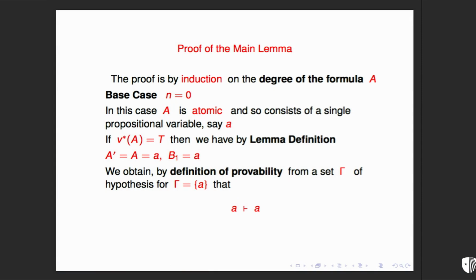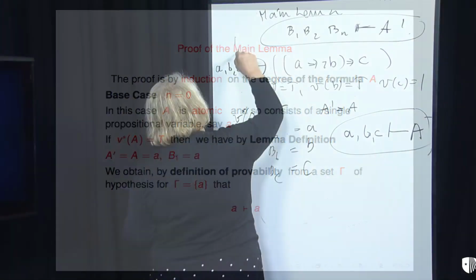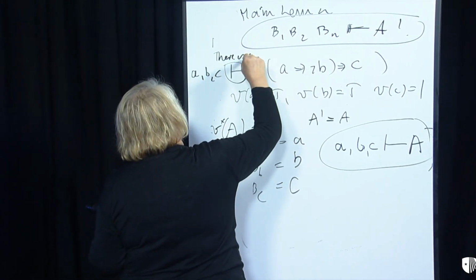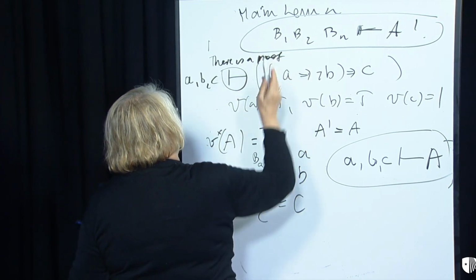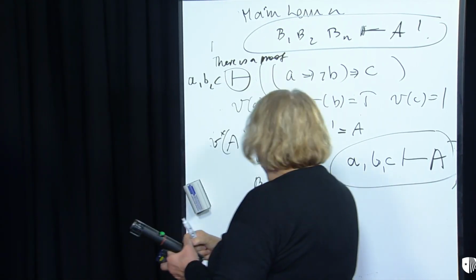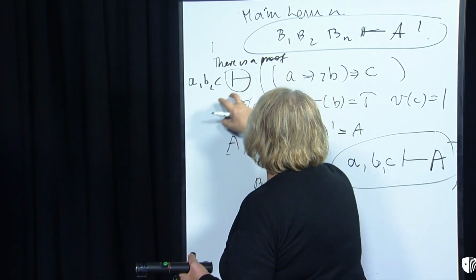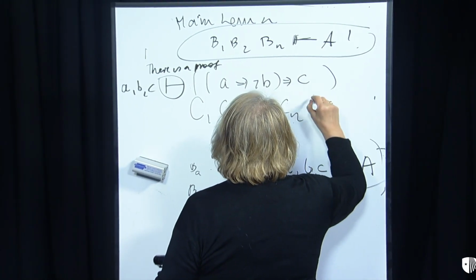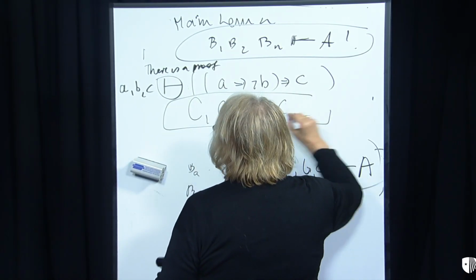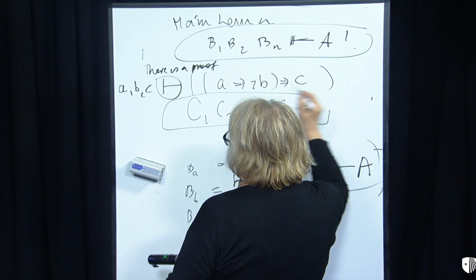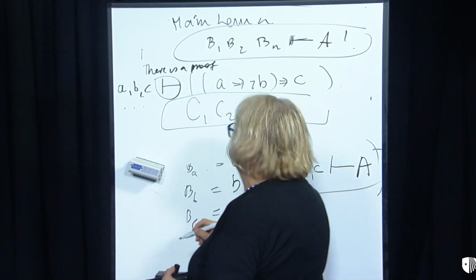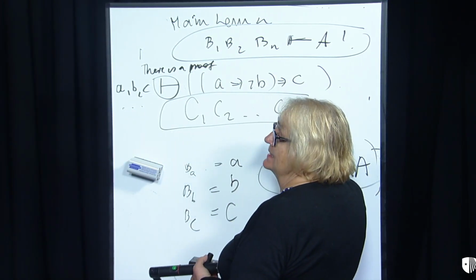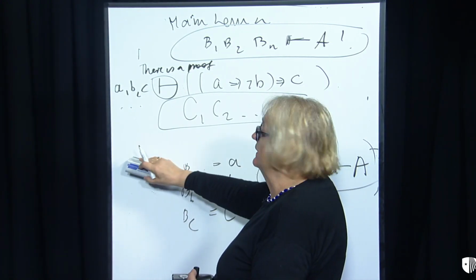The lemma says there is a proof. So what does it mean there is a proof? The proof, let's say, C1, C2, Cn, is your proof of that formula from A, B, and C, and n is the length of the proof.